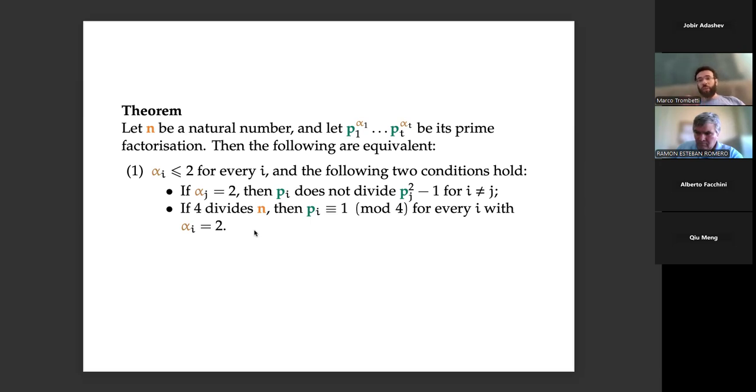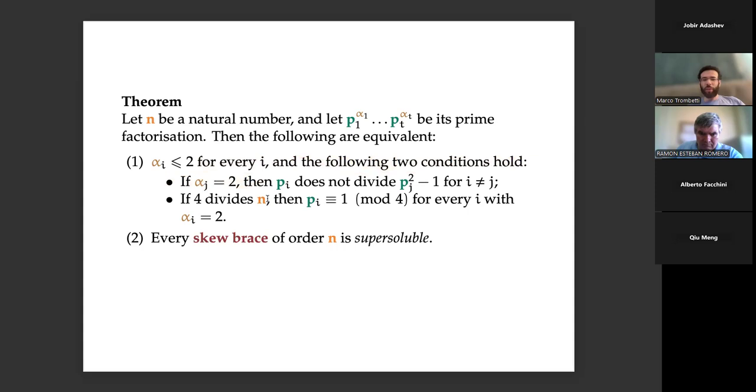In fact, one of the ways we did this in the paper is by introducing many new constructions of semi-direct products of skew braces and related stuff. Anyway, I will not read this criterion, but I will just tell you that this is equivalent to requiring that every skew brace of that given order is supersolvable.